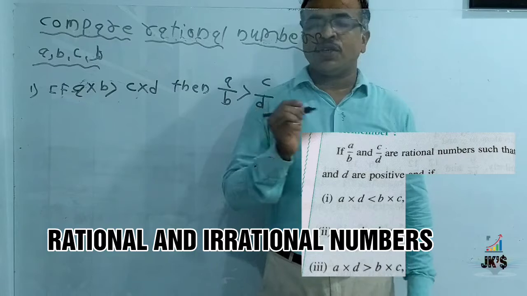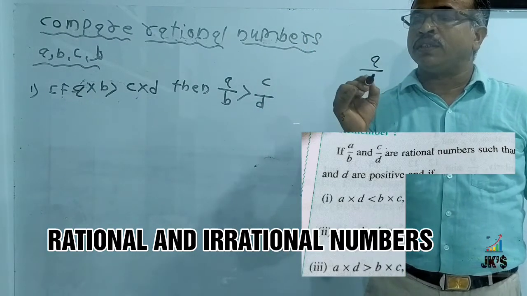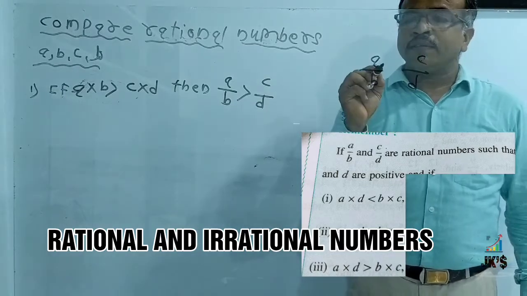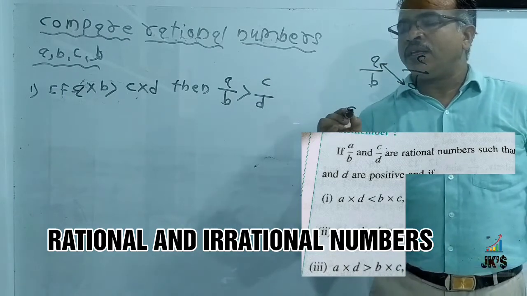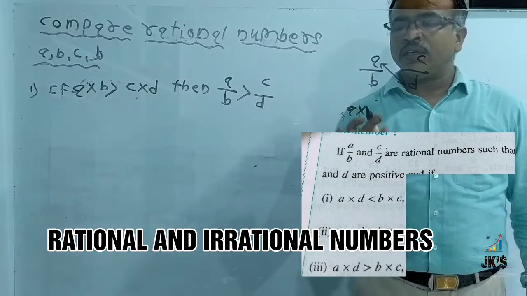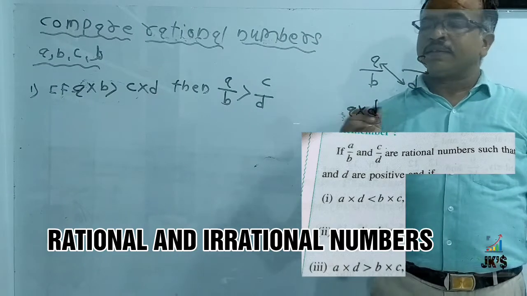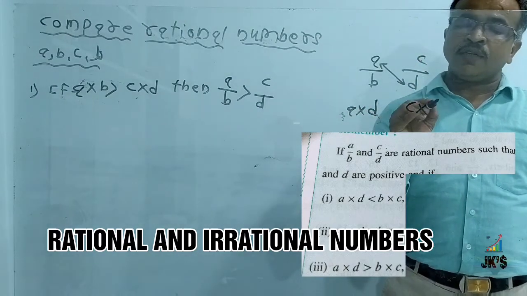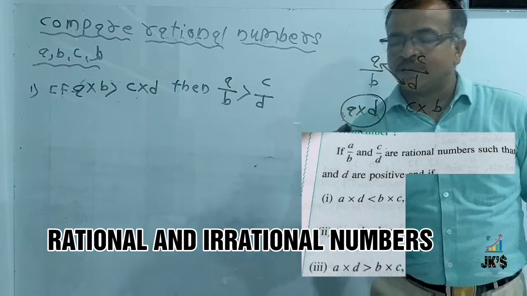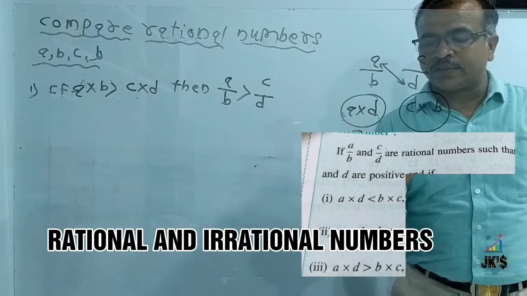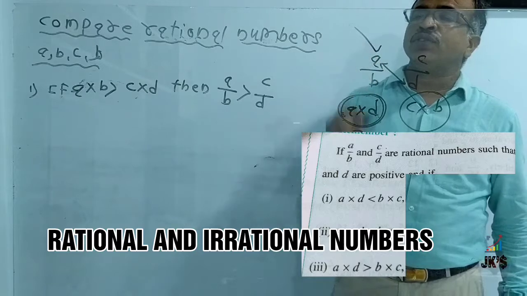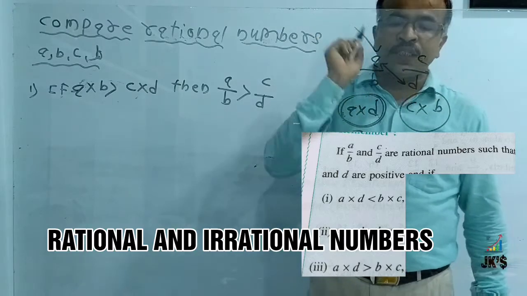This means that when we consider these two fractions, A upon B and C upon D, the first product is A into D, and the second product is C into B. If the first product is greater, then the first ratio, that is the first rational number, is greater.